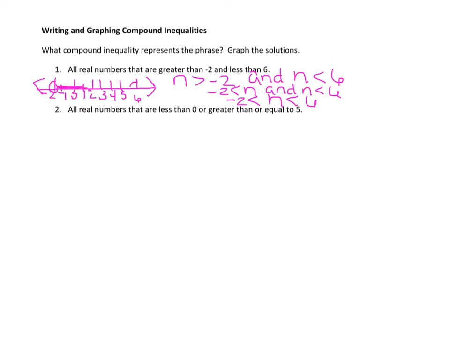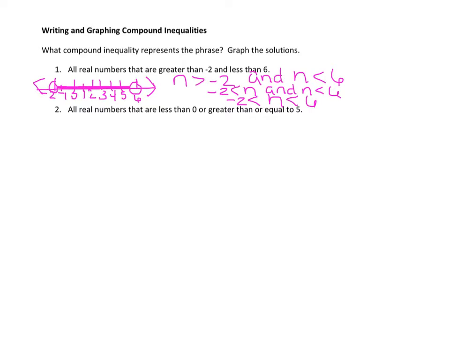And if it's less than 6, I'm going to put that open circle and it's going to go to the left. So, since it's and, it has to be both of them. So all of the solutions are these numbers between -2 and 6. And that's how we can write that compound inequality, -2 less than n, which is less than 6. And it also can be thought of as n is between -2 and 6.